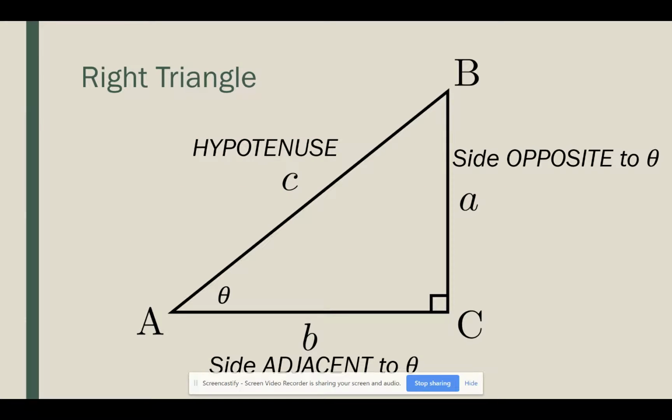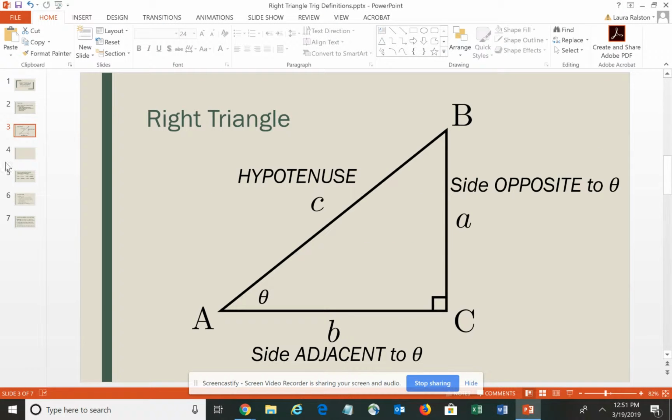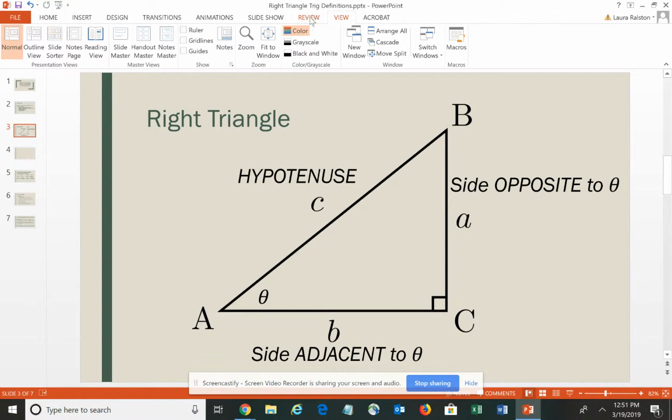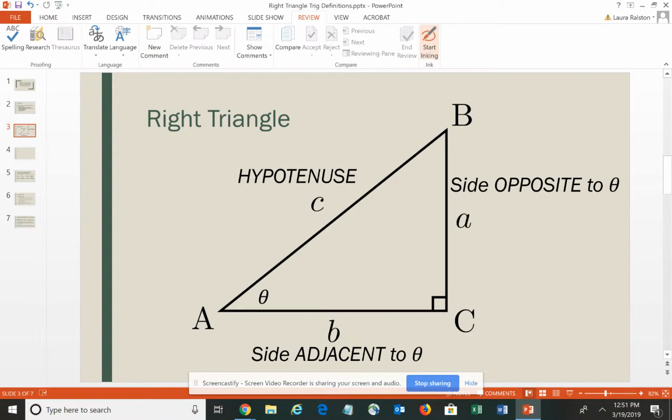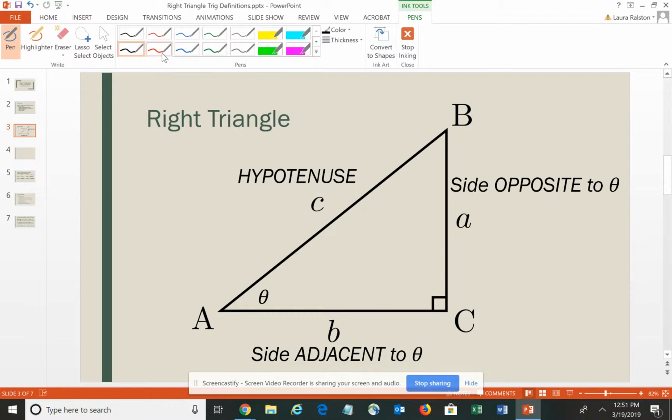So let's review for a minute. We have our right triangle, and one of the differences as we begin focusing on right triangle trigonometry is you have to focus on the angle that you're interested in. You have a focal point, and typically that focal point is named theta. It's usually written in the little bend of the angle. It doesn't have to be theta.